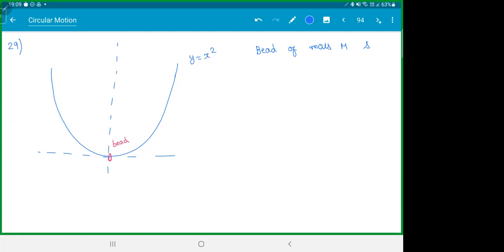Bead of mass m slides on the parabola such that the horizontal velocity, not the total velocity, horizontal velocity of the bead is constant.